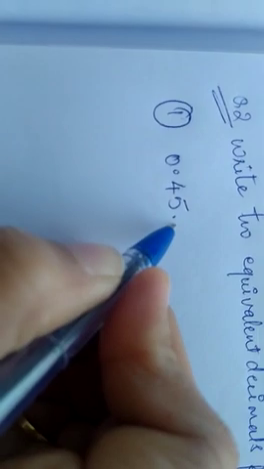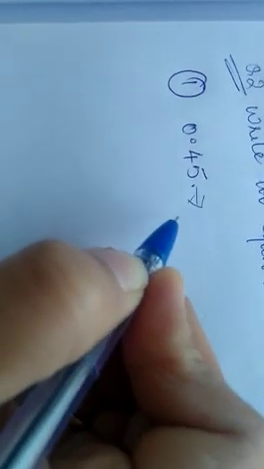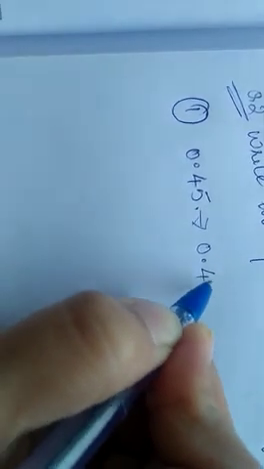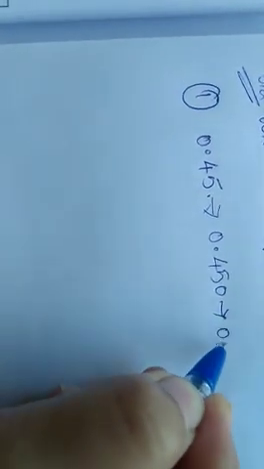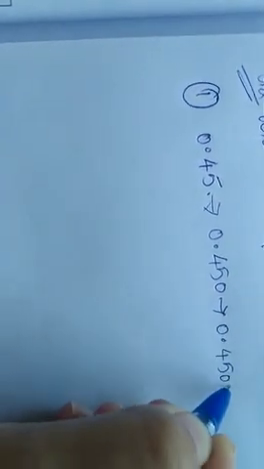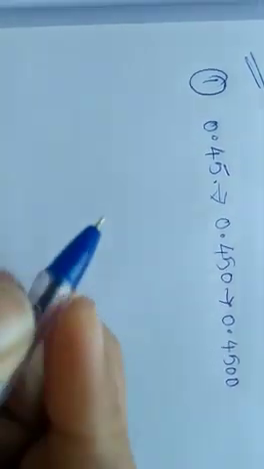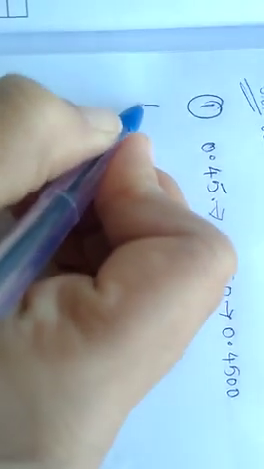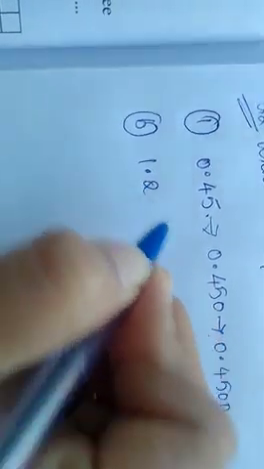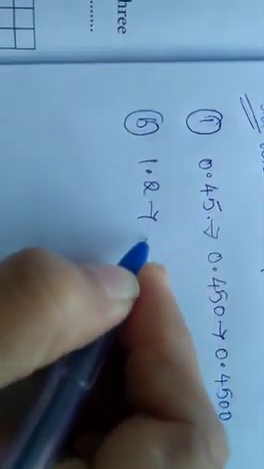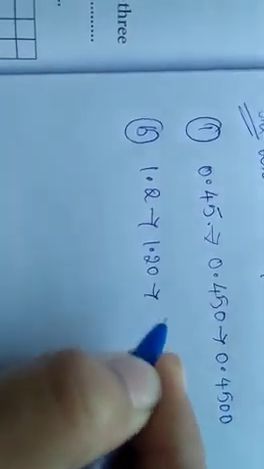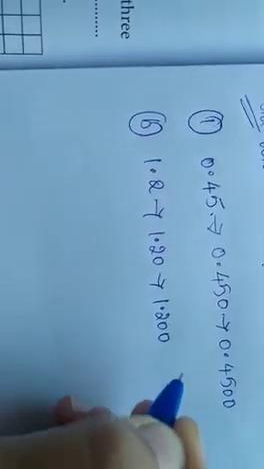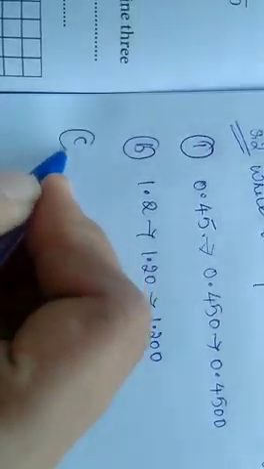Now here it is given 0.45. We have to write two equivalent, it will be 0.450 and 0.4500. Okay, so it will be equivalent. B is 1.2, we have to find the equivalent of this, so it will be 1.20 and 1.200, so it is equivalent.